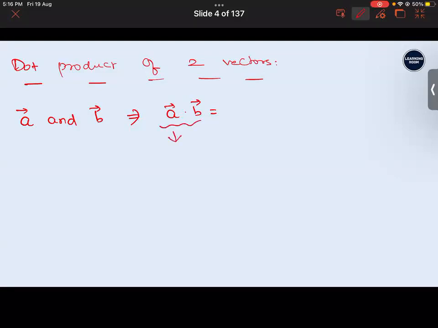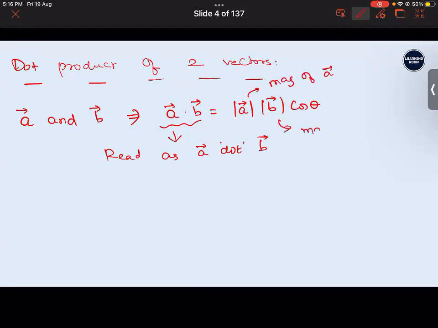This is read as A vector dot B vector, and its value is given as magnitude of A vector into magnitude of B vector into cos theta, where this is the magnitude of A vector, this is the magnitude of B vector, and theta is the angle between A vector and B vector.